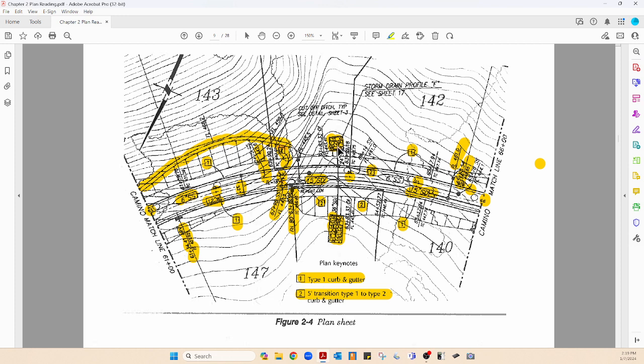Okay, we got where the small black square is located at station 6134. Let's find that right quick. Here it is, 6134. 61 plus 34. The small black square is at 6134.41 right there. You can almost read that.